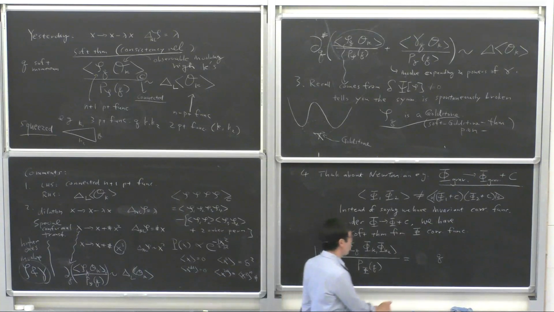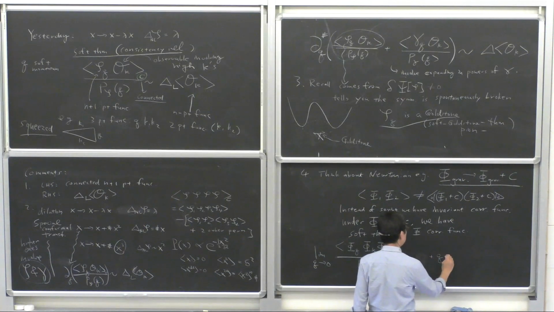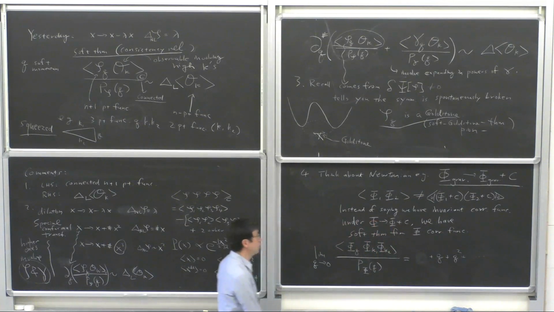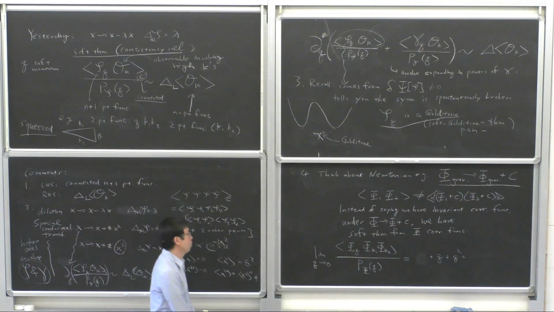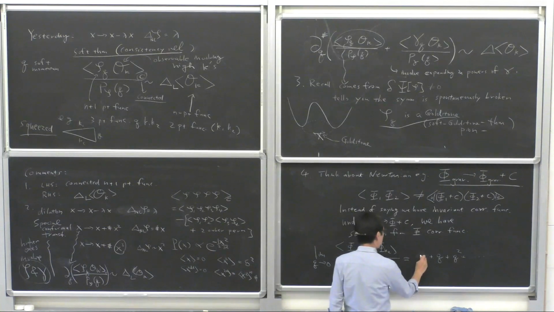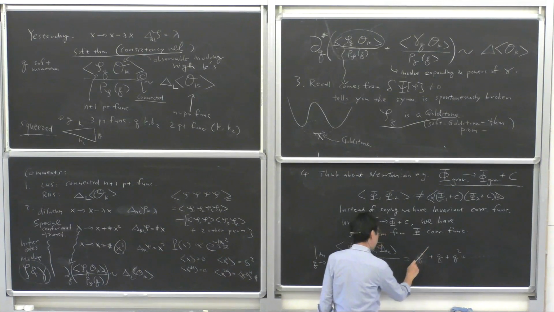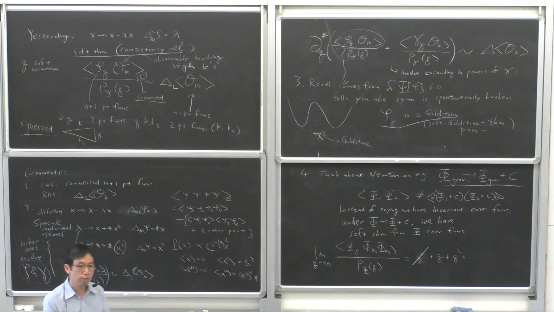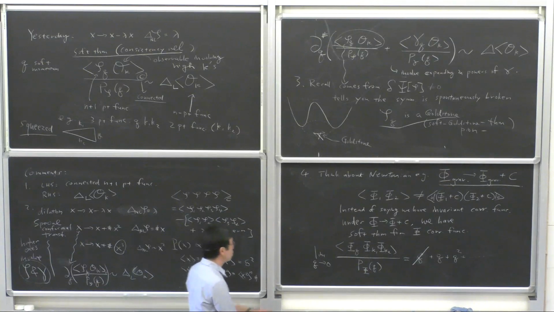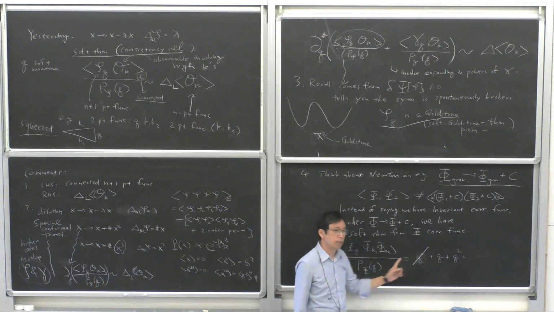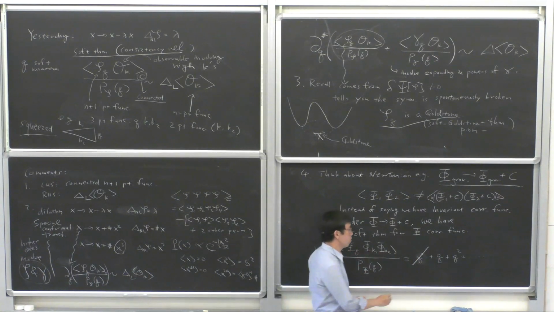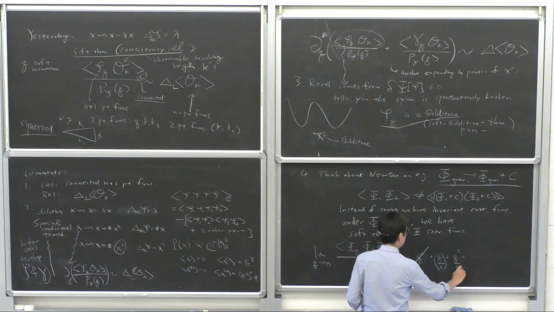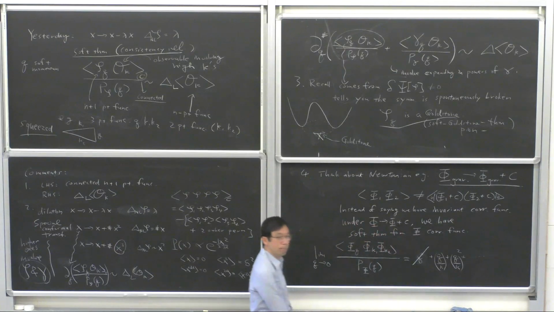If you think of this as a power series in soft momentum, it would go like that. The important point is that the Q to the 0 term cannot be there. That's what we mean when we say the right-hand side has to be 0 in the soft limit. When I say Q is small, you should think of the ratio of Q and K, so this is a power series expansion in Q over K. That's what we mean.